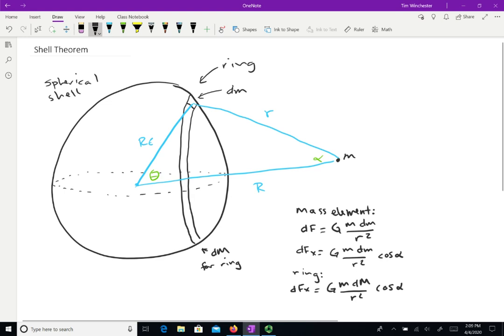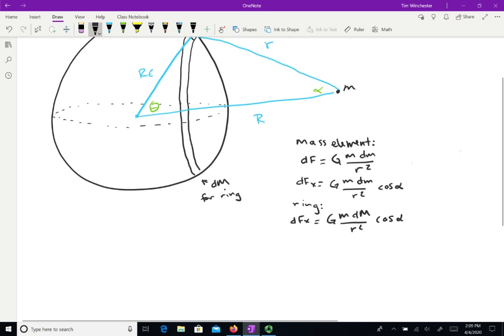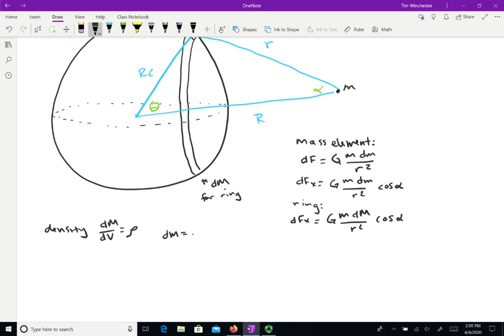Okay, so I need to consider the density of the planet. So I'm going to call the density dM over dV, and I'm going to call that rho. Rho is a pretty common variable for us to use for density, so that's what I'm going to do. Okay, and so dm then, just doing some rearranging, is rho dV.